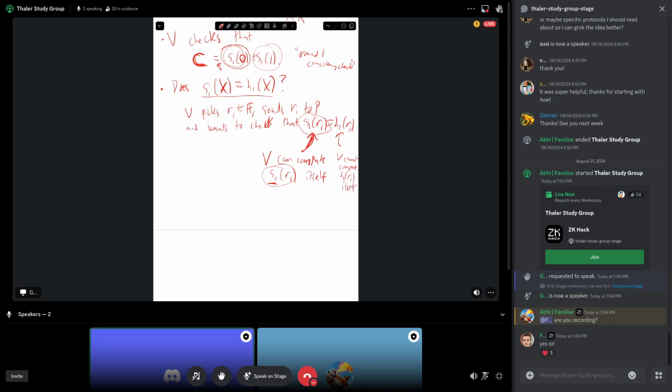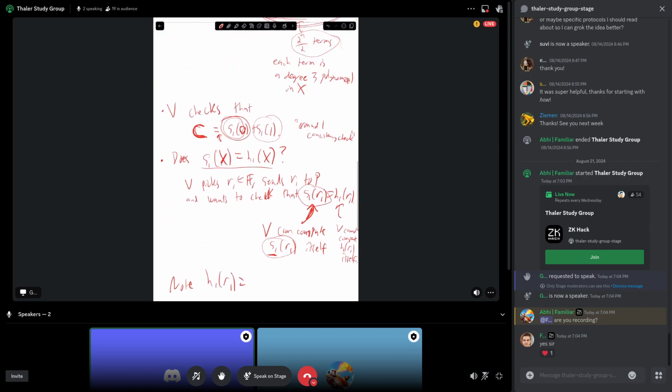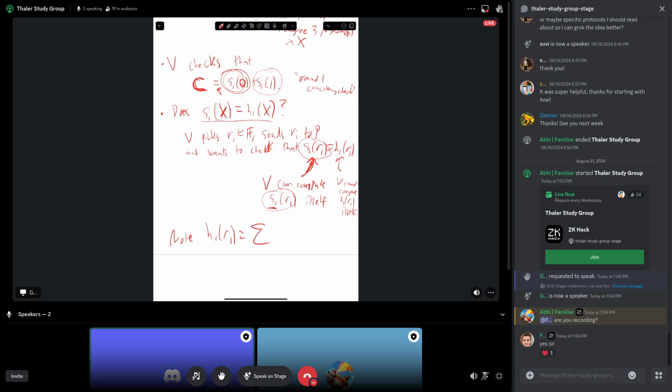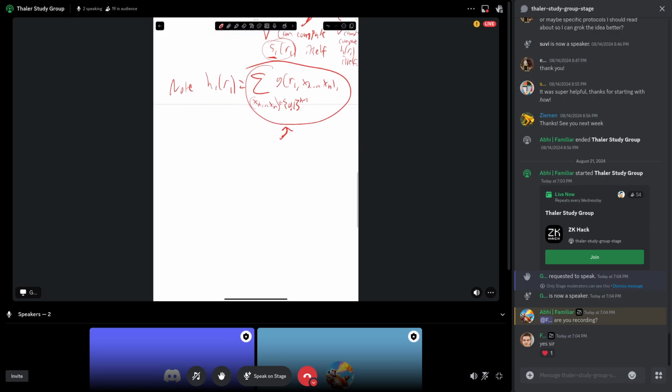All right, but that's what the future rounds are for. Note H1 of R1 is, this is just the definition of H1 up here, so it's the sum over x2 up to xn in {0,1}^(n-1) of g of R1, x2 up to xn. This expression is exactly the kind of expression that the SumCheck protocol is designed to compute.